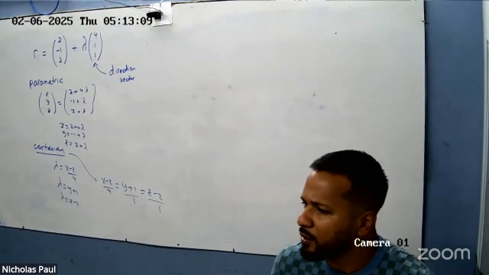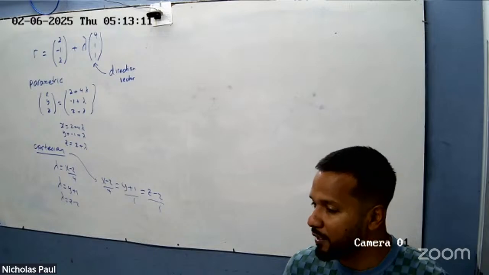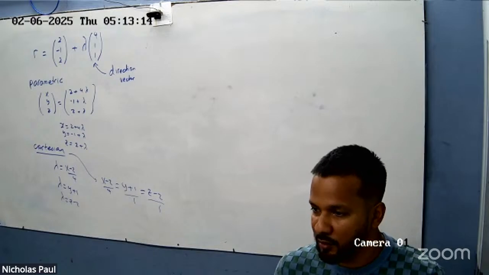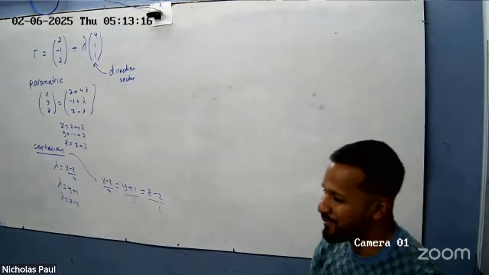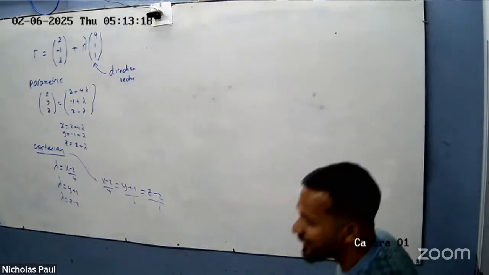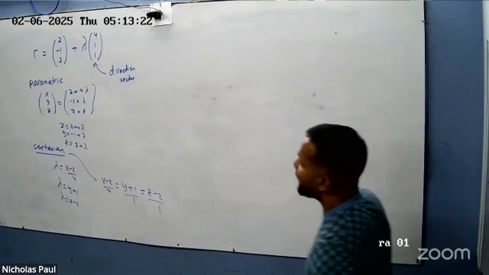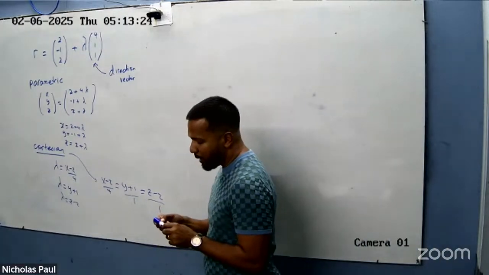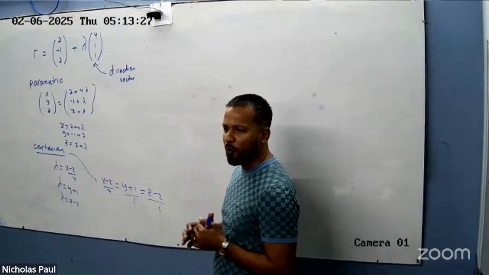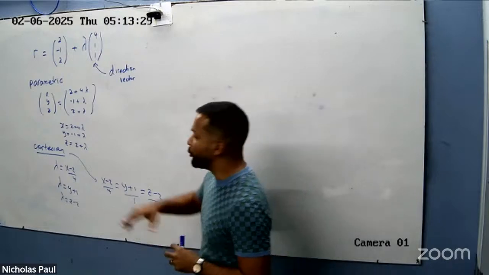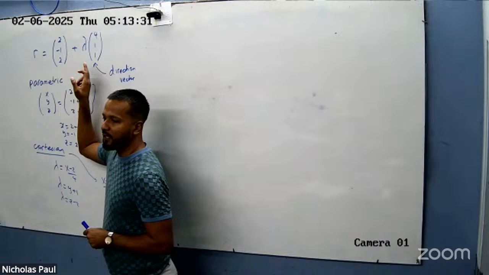By the way, how do you know two vectors are parallel again? Two vectors are parallel if they are multiples of each other. But what do you look at? Do you look at the point or do you look at the direction vector?